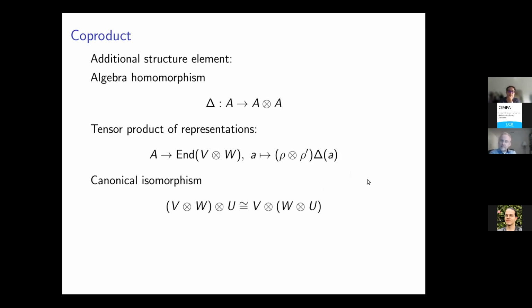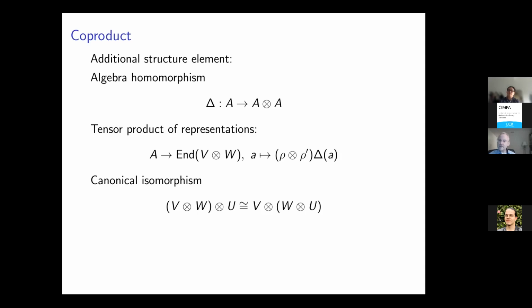Now, this is a structure element that we need in order to form this, but we want that this structure element, this coproduct, satisfies certain properties. Because we want to ensure that the tensor product of two representations is taken in a nice way.